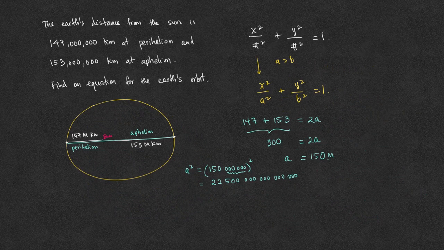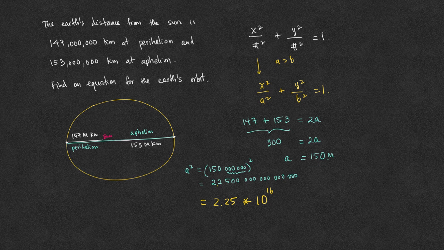In scientific notation, this is 2.25 times. If we were to place the decimal after this 2, then there are 16 digits after that. And so this is 2.25 times 10 to the 16th power.